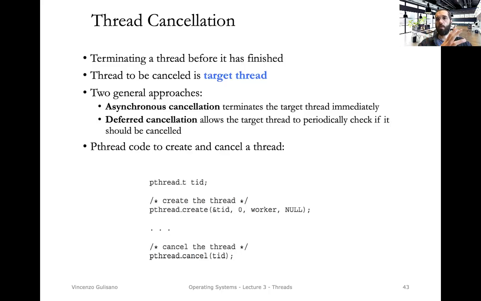So if thread A says kill thread B, then this will be done. But what you usually do is that you actually signal your intention. If A wants to terminate B, A signals the intention of doing this to B, but it asks B to actually terminate itself as soon as possible.